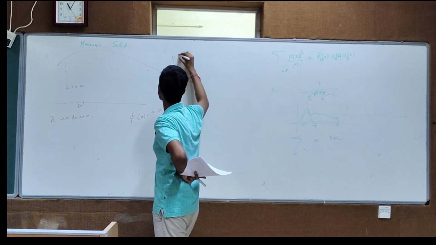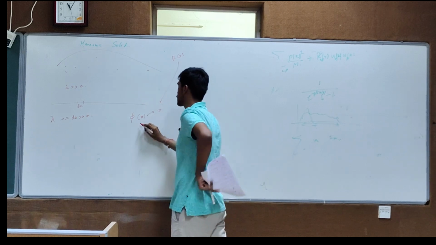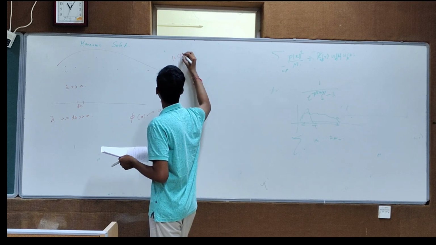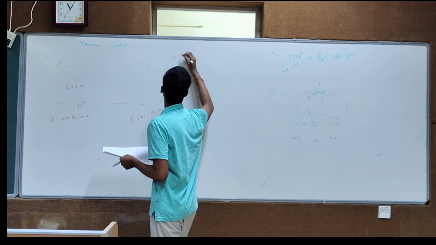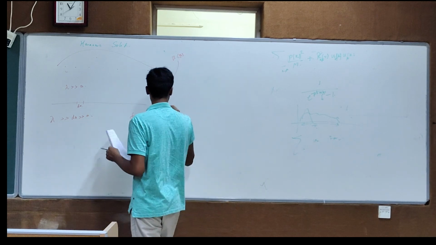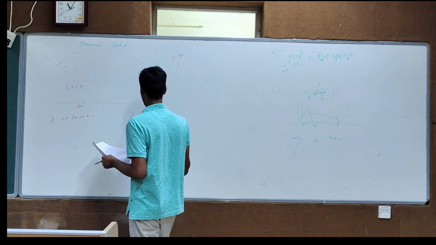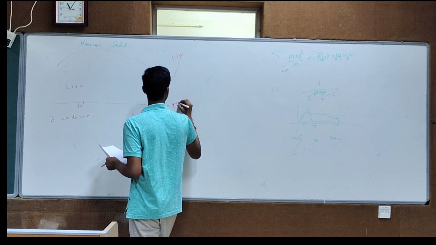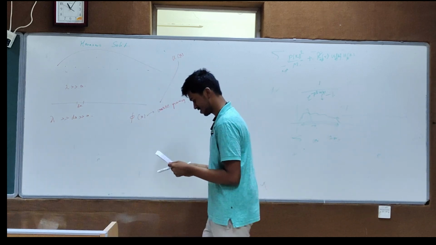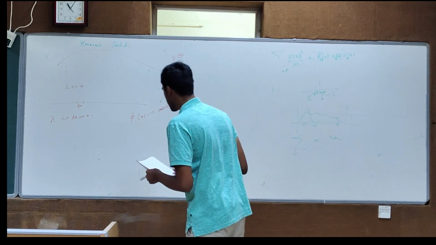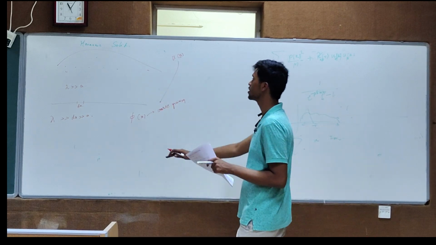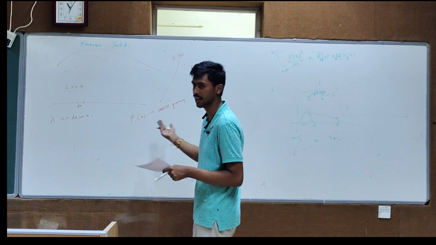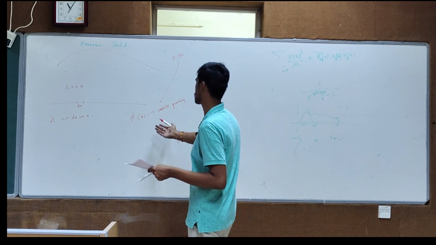You had a microscopic field u of r, and from that you go to this phi of x. Once you have coarse grained this, you have a field defined at every x. What is a field? It is something which varies in space.